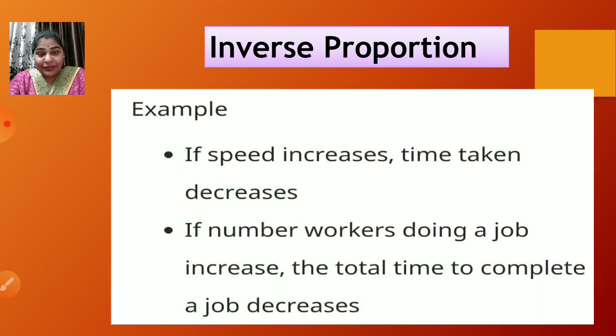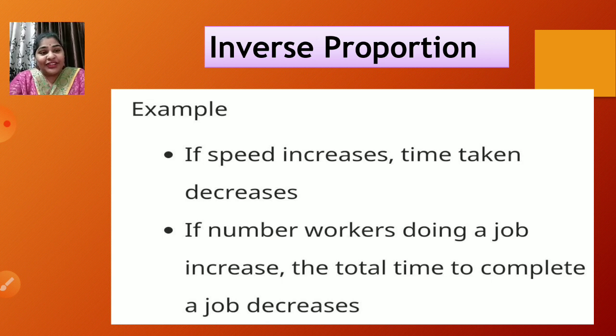So for example, suppose you have to travel somewhere to a destination. If the speed of the car increases, children, the time to reach the destination will decrease. So here speed and time are in inverse proportion, right?